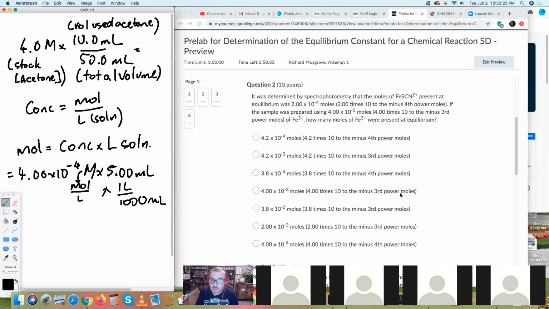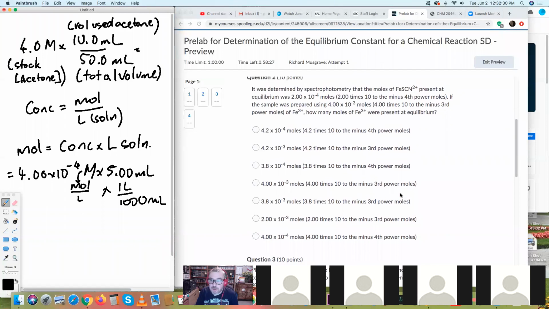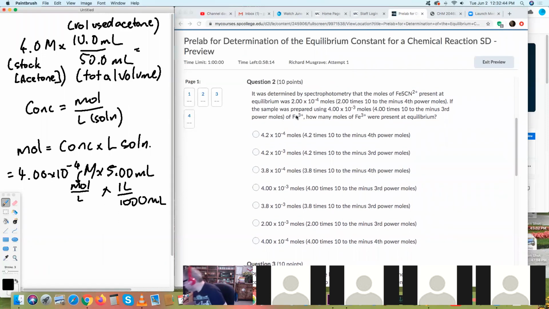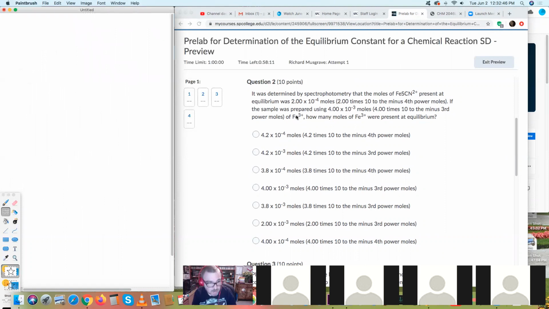All right, so for this one, according to what you're doing in the lab, we've got moles here, and in order to calculate the concentration of Fe3+, we're using a reaction here. And the reaction is something like this.